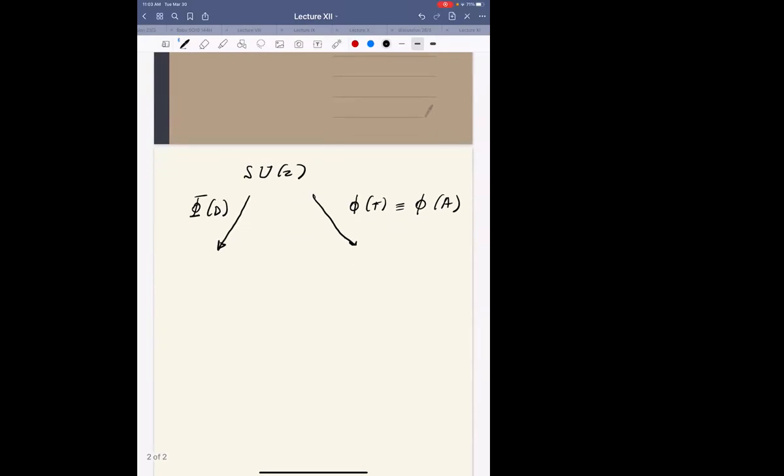D stands for doublet. Adjoint was a triplet. We found this breaks SU(2) to nothing through the vacuum expectation value, whereas this breaks it down to U(1), which is SO(2).